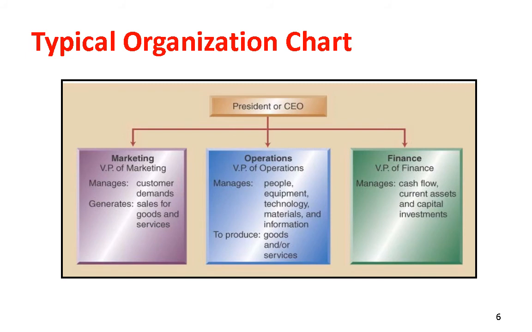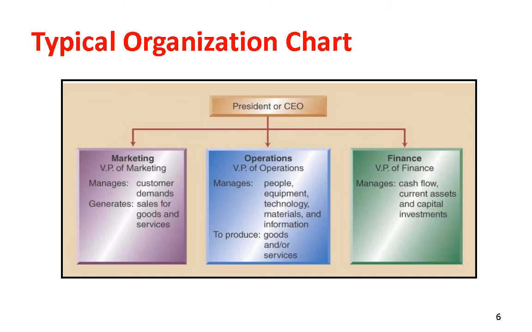Normally, the CEO heads the three functional areas: marketing, operations, and finance. Marketing may be headed by the Vice President of Marketing. His designation can be General Manager, Marketing. Similarly, Operations is headed by the VP of Operations, and Finance is headed by the VP of Finance.